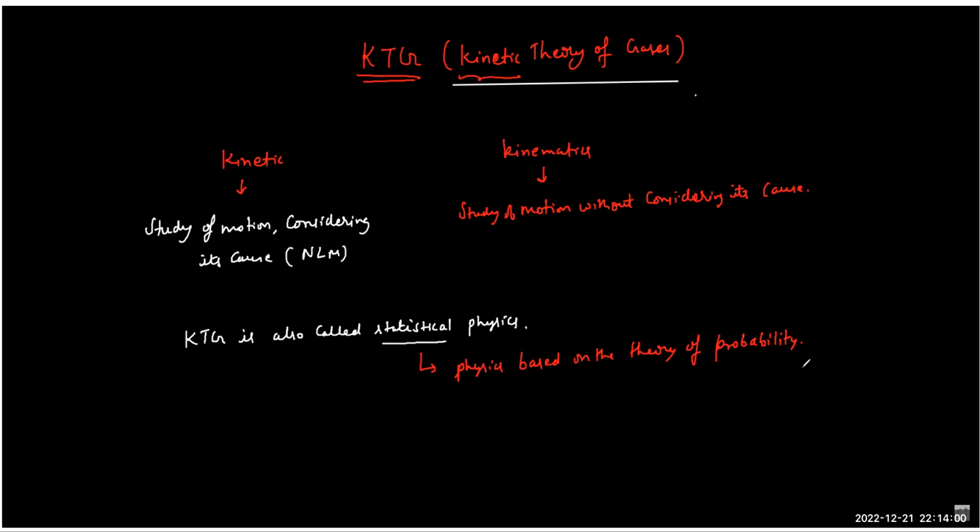Now the question is why we need to study the probability. The answer is very simple. We know how to solve simultaneous linear equations of two variables. So if I give you a1x plus b1y equals c1 and a2x plus b2y equals c2, where x and y are variables, so these are two simultaneous equations.